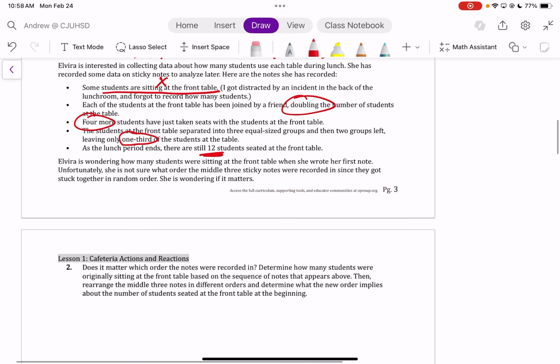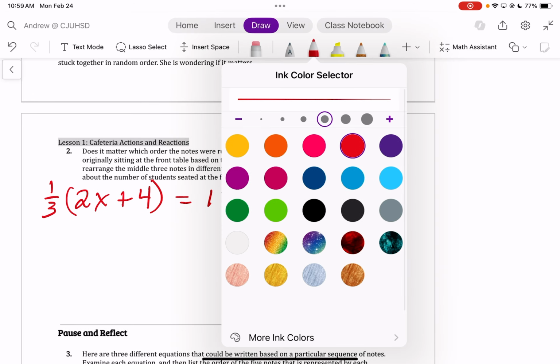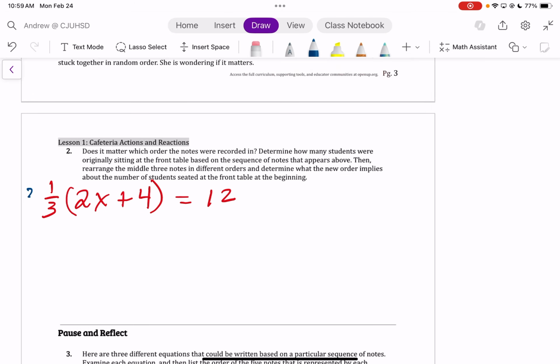So we have X is being doubled, and then 4 more students come, and then there's only 1/3 of those left, and at the end it equals 12. So to solve this, we're going to multiply by 3.